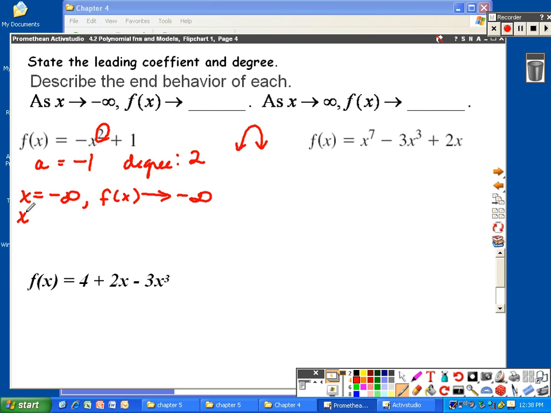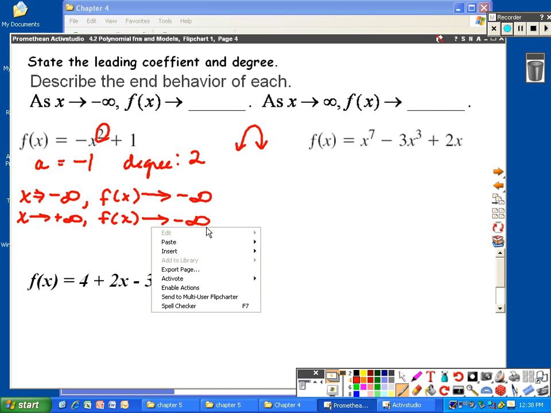As x gets positive, y also gets negative. On an even degree function, the end behavior must be the same. And since it is a negative coefficient, that tells you they will open down, and end behaviors will be down.